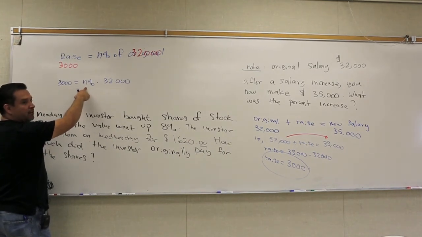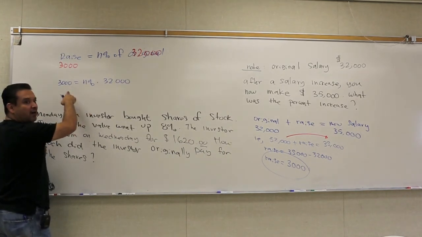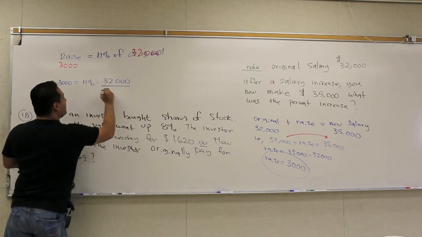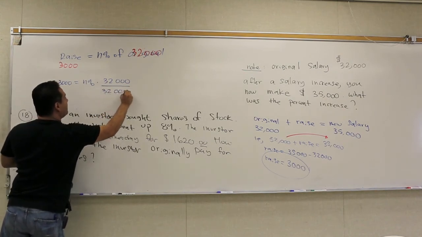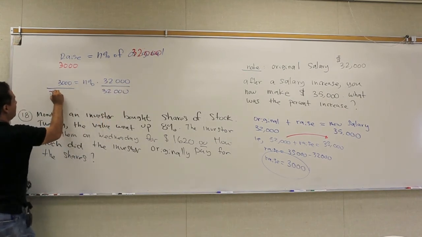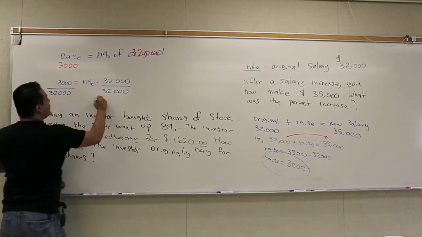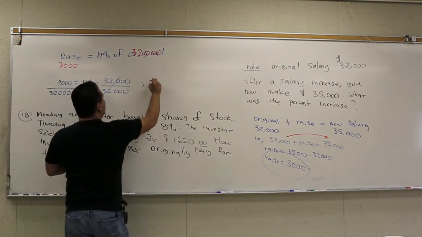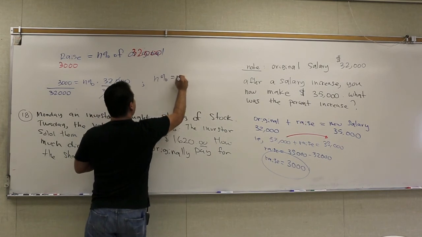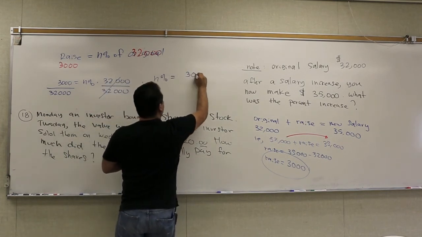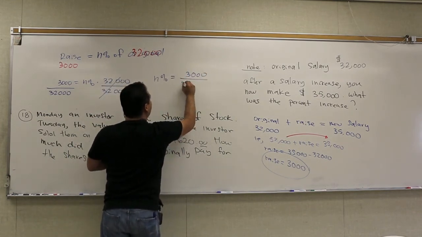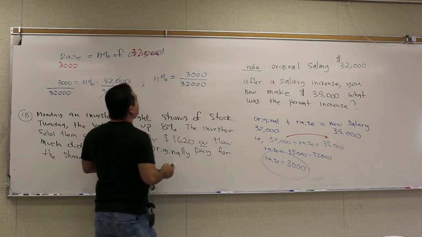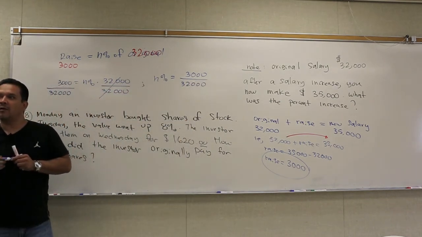You solve for n% by dividing both sides by that 32,000. Is that right? So this cancels. You end up with n% being 3,000 divided by that 32,000. I think this is the essence of your question.